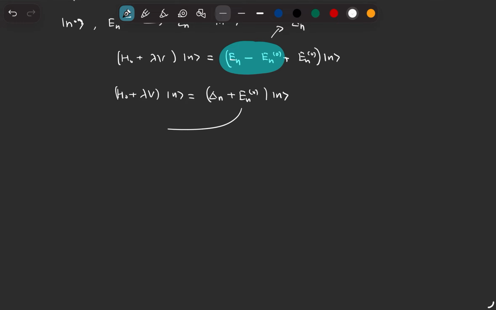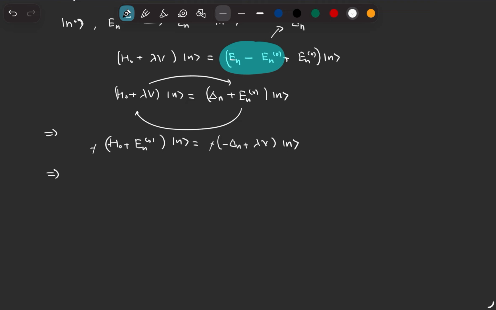Now I take En0 to that side and bring lambda V to this side. So this will result in (En0 minus H0), and that will be delta n minus lambda V. Just to make the signs clear, I can put a plus here and a negative here, and then this cancels out.